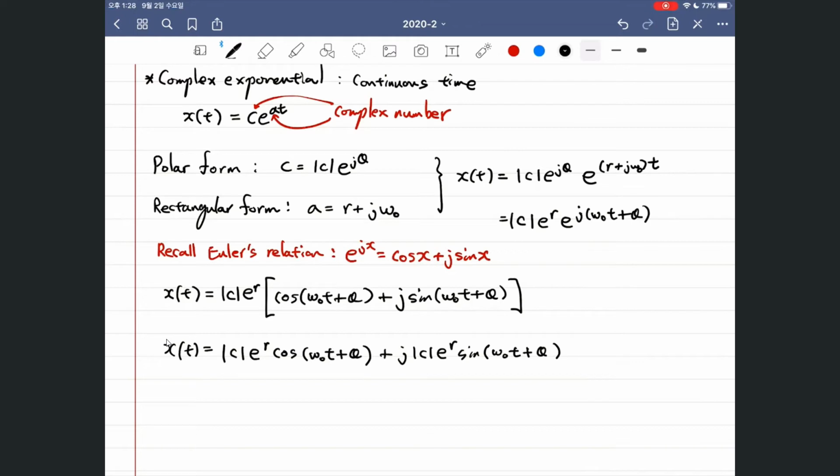Like this. And obviously there is a j here, therefore this is a rectangular form like we did, and this part right here is the real part, and this part right here is the imaginary part.